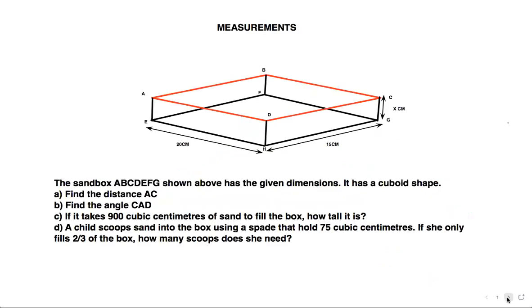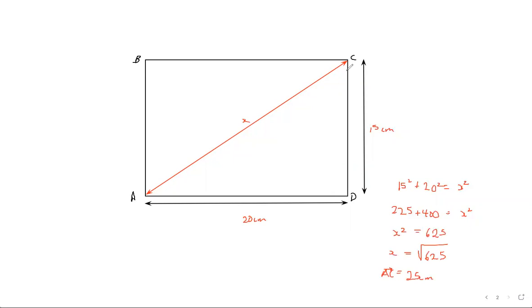Second part of the question, we want to find the angle CAD. So we can use tangent functions. So tan of this angle, let's call it alpha. So tan of alpha is going to equal 15 over 20.